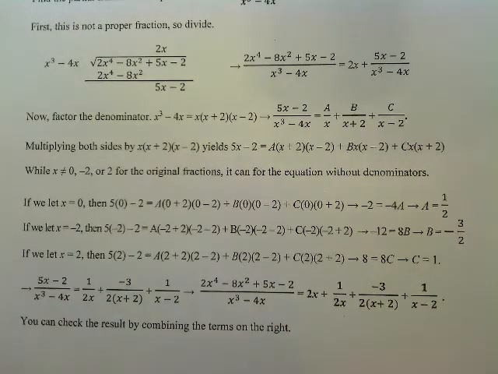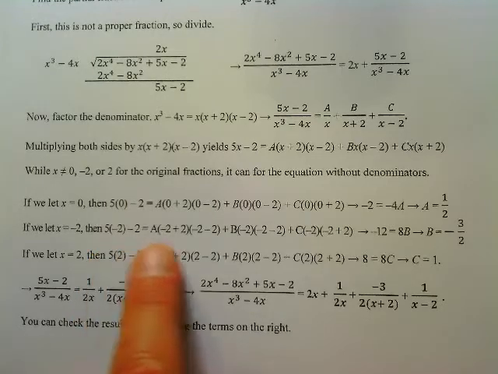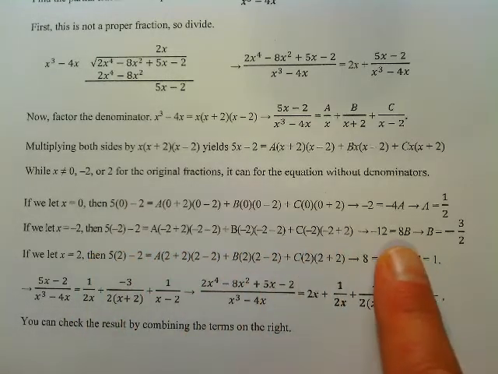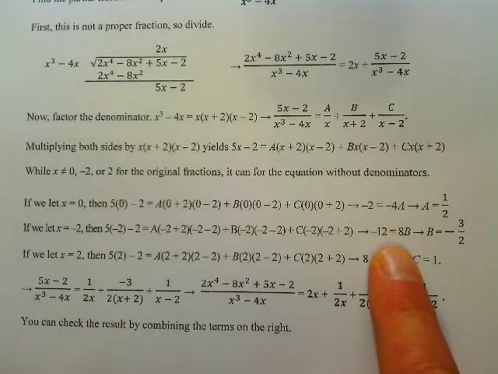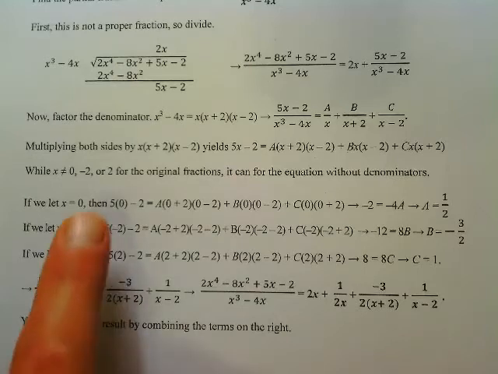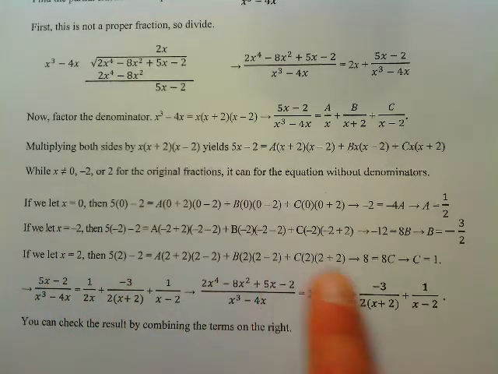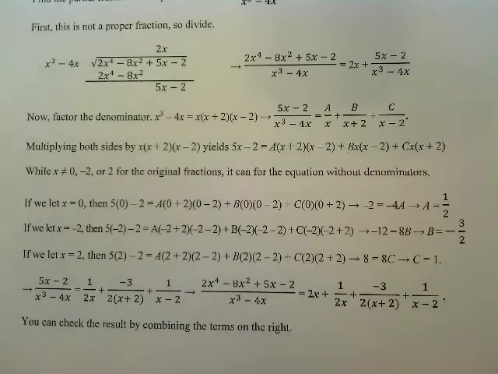Then we let x equal negative 2, so putting in negative 2 for where we had x, and again going through the process we finally end up with negative 12 equals 8b, or b equals negative 3/2. And then the last one, letting x equal 2, we go through the process, and then finally we end up with c equals 1.